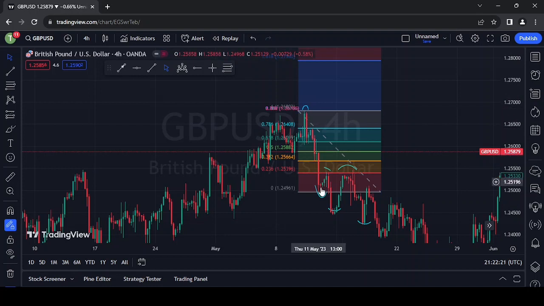I said this is an impulsive move. You draw your Fibonacci retracement on the impulsive move. Now the retracement or the correction for a strong trend is between the 23.6% and the 38.2%.